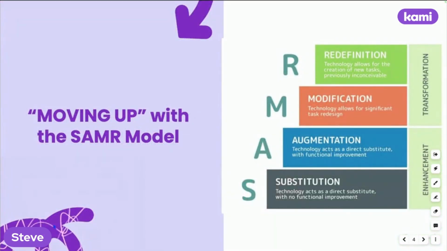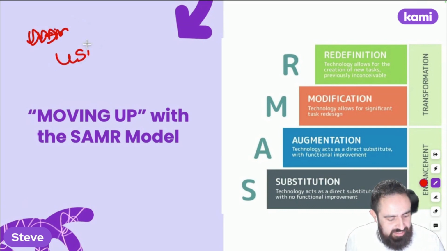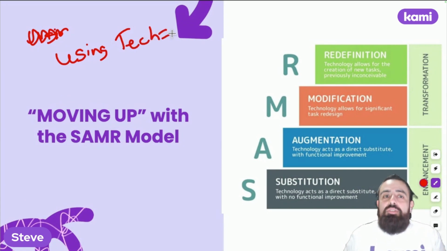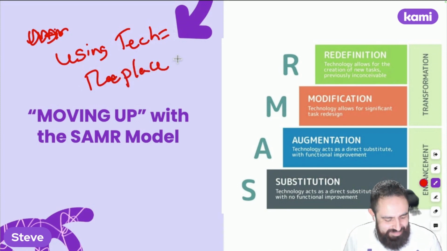So let's talk about what SAMR is briefly. When we're talking about the SAMR model, I like to think of ways, while using technology in the classroom, that we can do more than just replace paper.